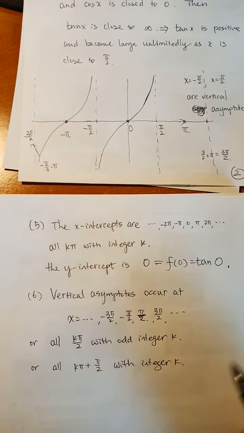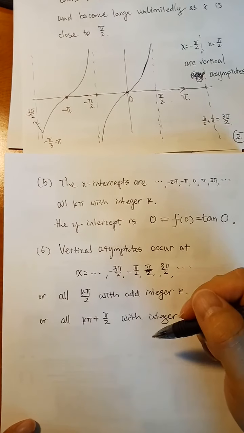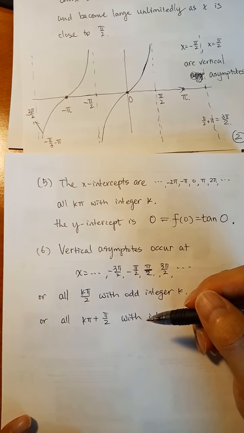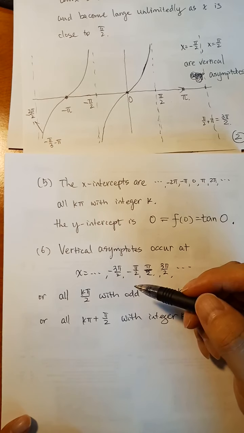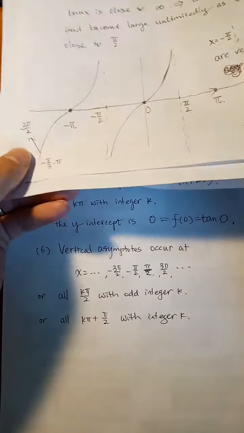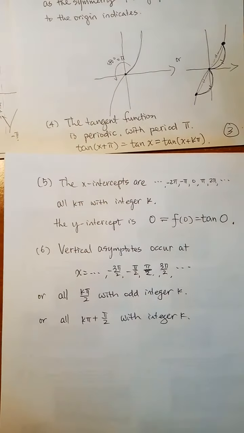Just choose one representation and memorize it. Okay, so that's all 6 basic properties of a tangent function. They are on page 578, so you can check it in the book.